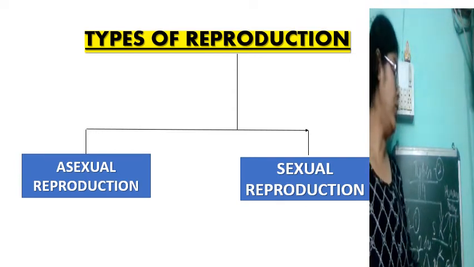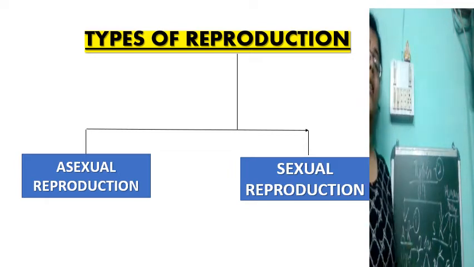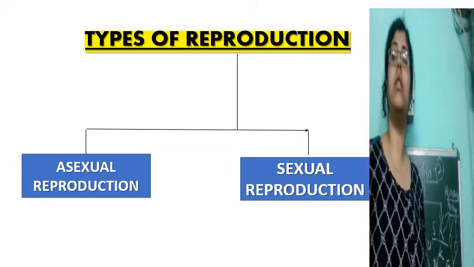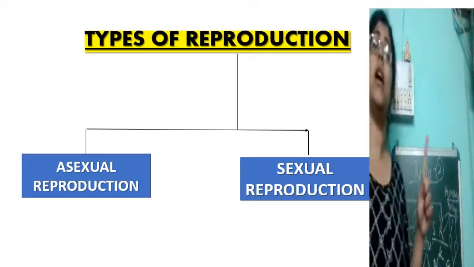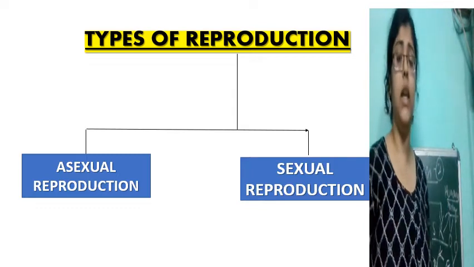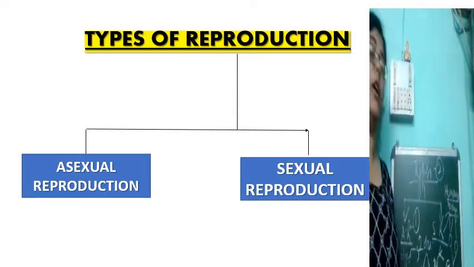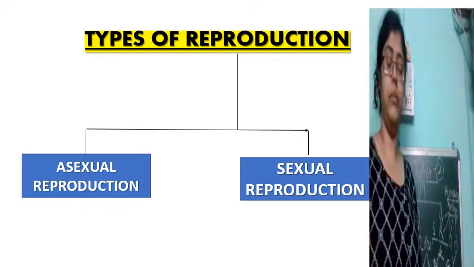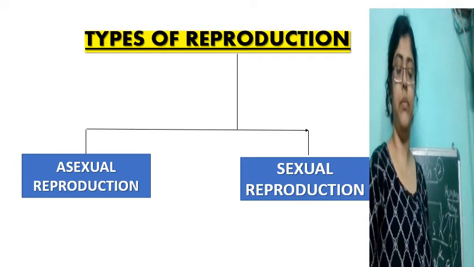So due to the involvement of two different gametes, two different DNA are involved, due to which more variation is found in sexual reproduction, and as only a single gamete is involved in asexual reproduction, we can say that only very little variation we are able to identify. Okay, so now I hope this is clear to you by this time.